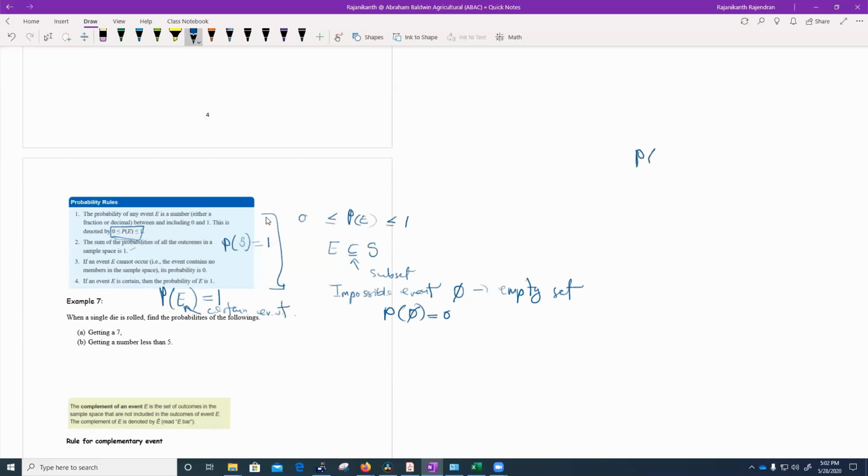The probability of any event E is always bounded by 0 and 1. The probability of the sample space is always 1. The probability of an empty or impossible event is always 0. The probability of a certain event, if you know it is going to happen for sure, is always going to be 1.